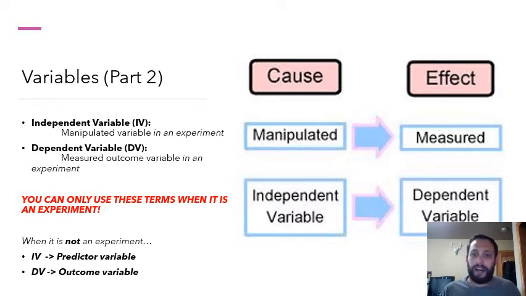You might have a different hypothesis, but that's my hypothesis. But really what it's saying is an independent variable causes the dependent variable. So the loud music causes the lower test scores.